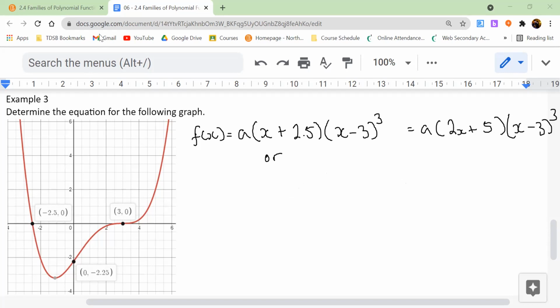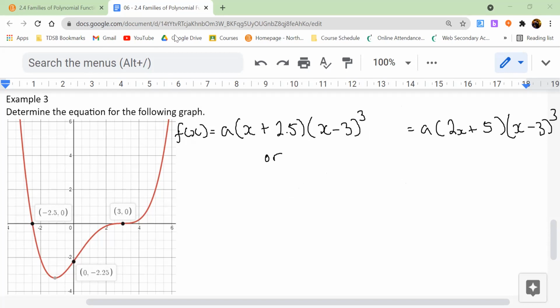Give me a second. I'll color this one in blue. Let's pretend I did it this way, right? I didn't want to make any mistakes because I was scared that I was going to write this wrong. My y-intercept is 0, negative 2.25.